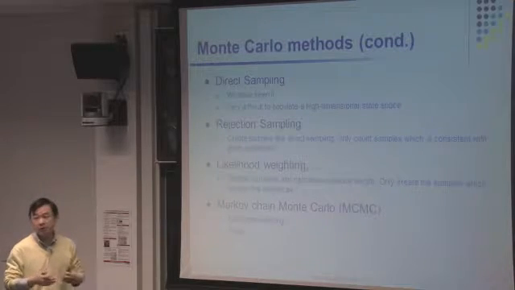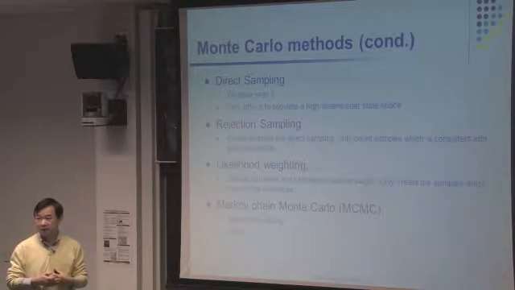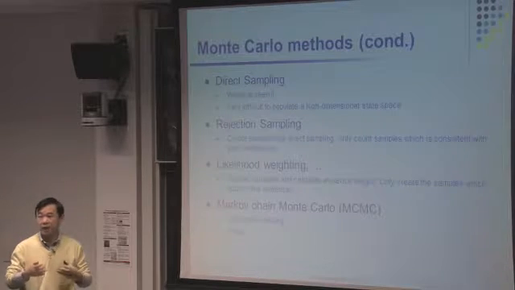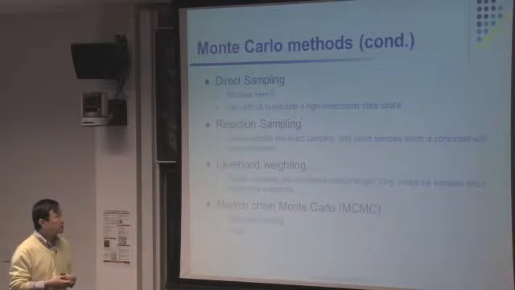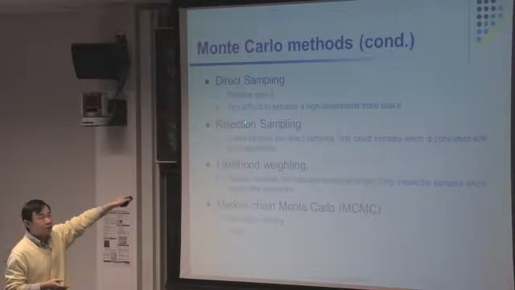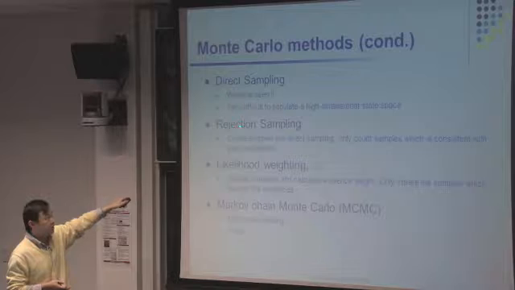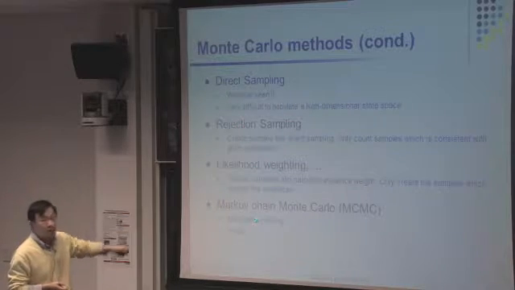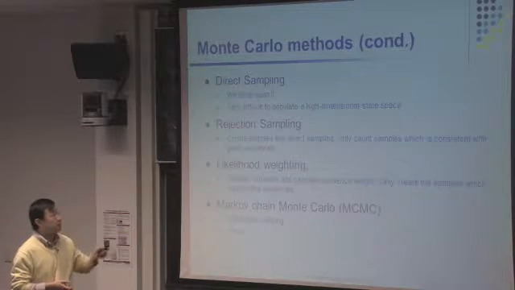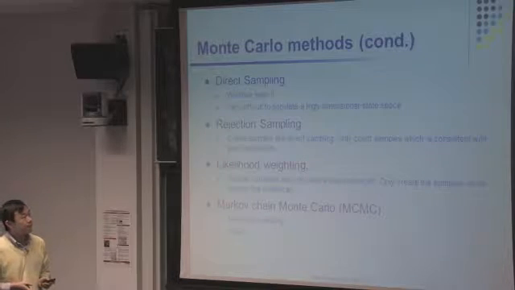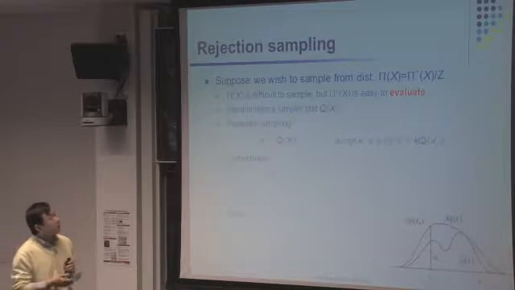And we need to ask whether it is necessary to populate a high-dimensional space if we know certain inference tasks to be more common than others. So we're going to gradually move up the power of the sampling methods by studying this sequence of approaches. And let's do rejection sampling first.